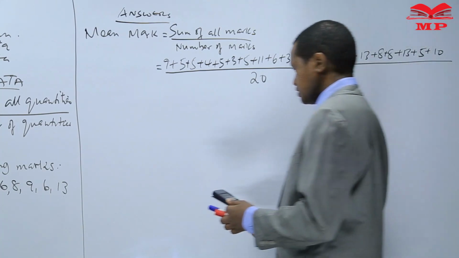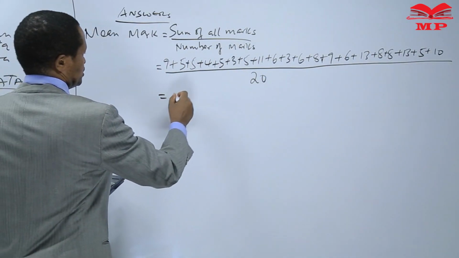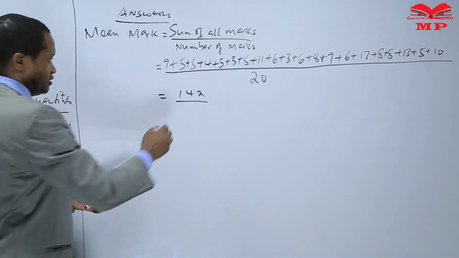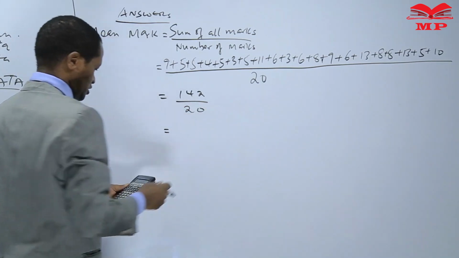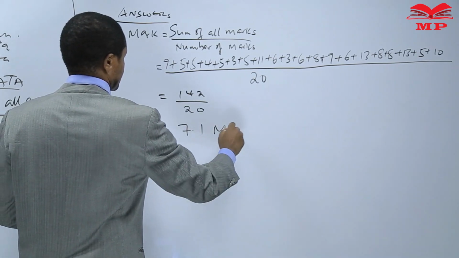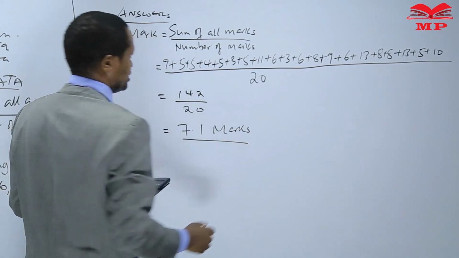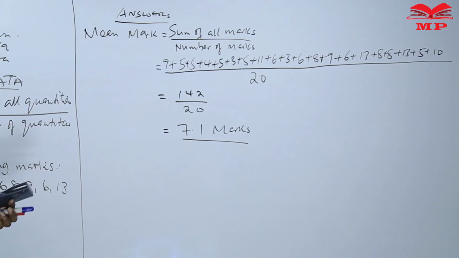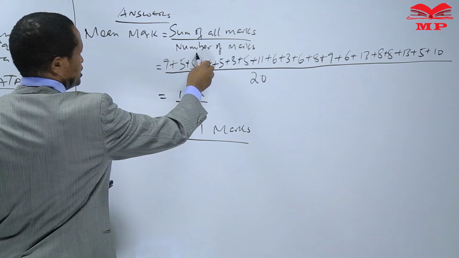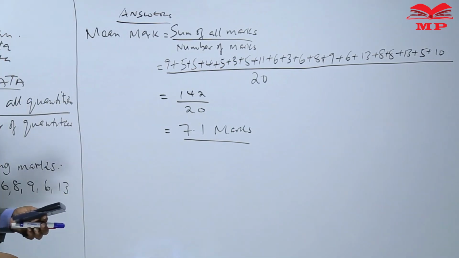This gives me 142. So 142 divided by 20 will be equal to 7.1 marks. The mean mark is equal to 7.1. So learners, that is how to calculate the mean: you get the sum of all the data divided by the number of marks.